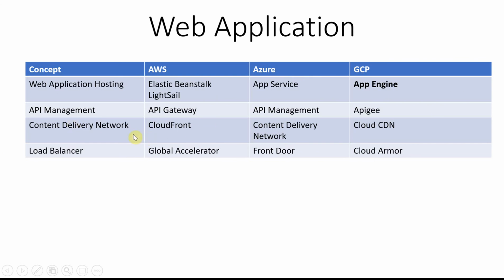And coming to the next, it is the load balancer for any web application. The more the load, suddenly your website is so popular and you see a lot of load, and balancing the load internally, like routing the traffic.